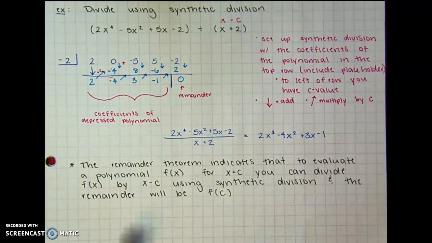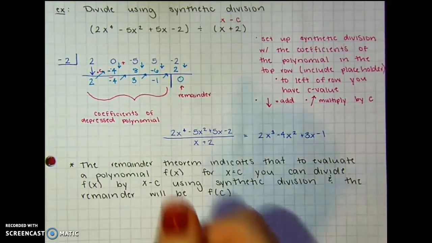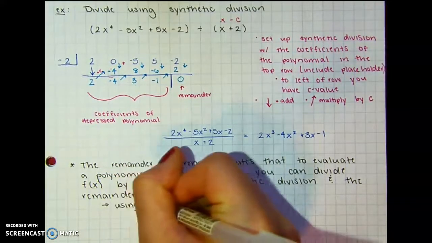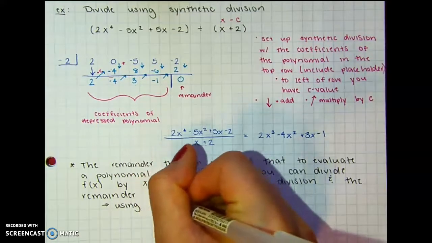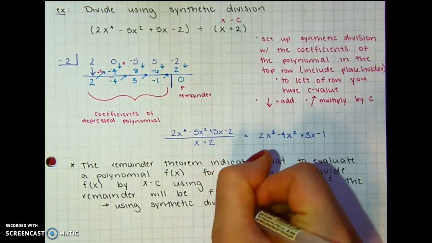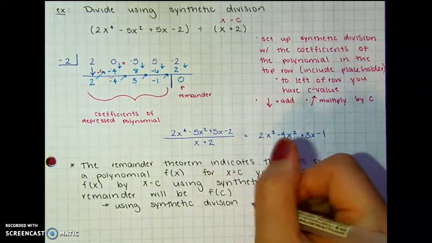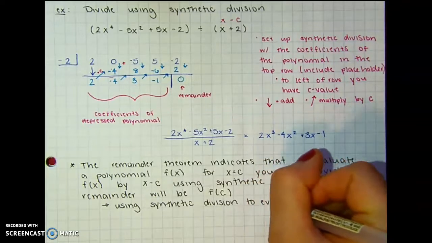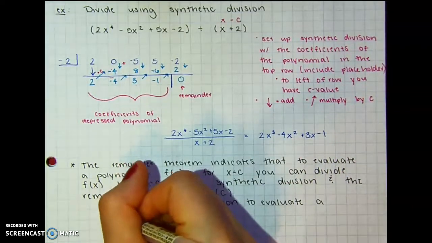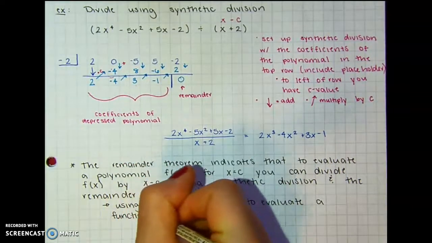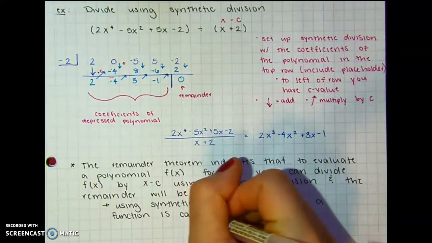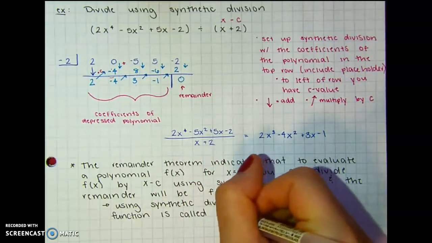So the remainder theorem will be f of c. So using synthetic division to evaluate a function is called synthetic substitution.